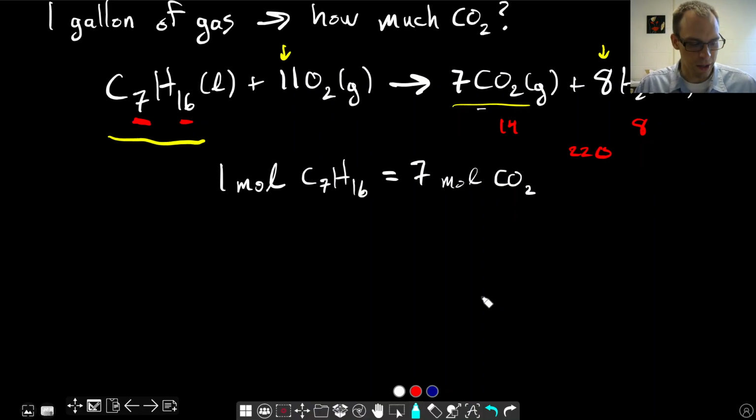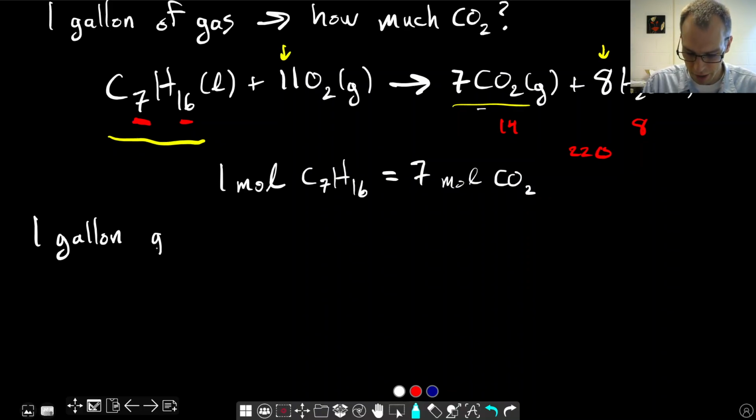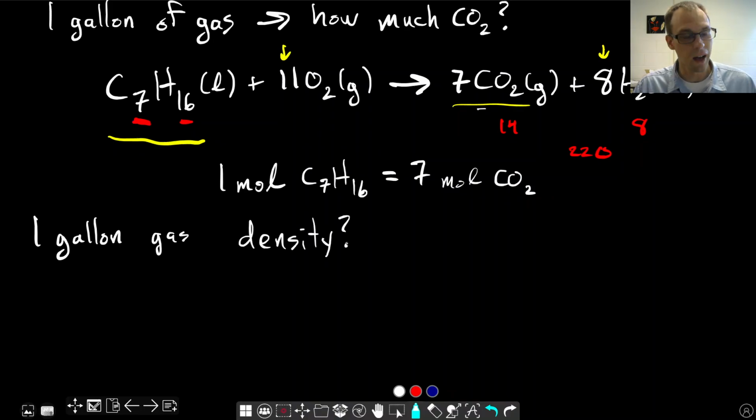Some other things we're going to need. Number one, we said that we have a gallon of gas. So I'm going to set up this calculation, and this will continue on in another video, but I just want to get all the setup done here. We have 1 gallon of gas. We need at least an approximate density to be able to get this into grams. So your textbook gives a density of gasoline as about 0.73 grams per milliliter.